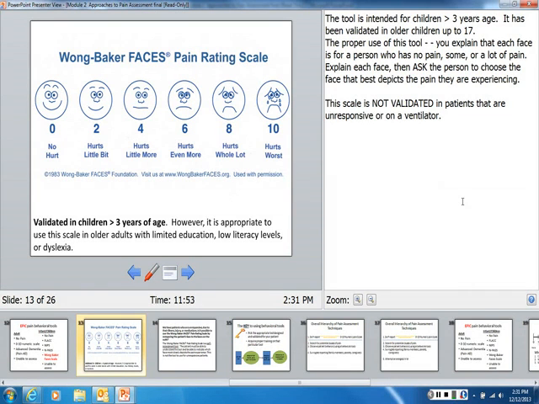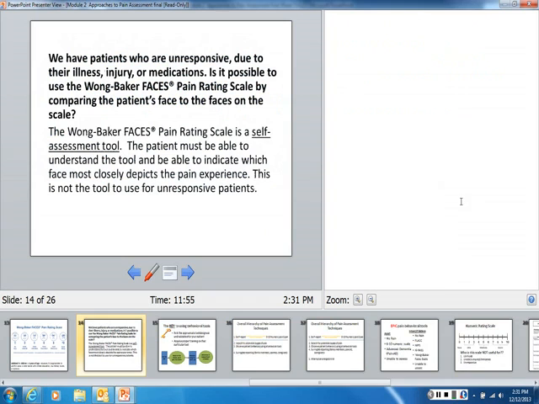And if you go to the website of the Wong-Baker FACES scale, there's this question that was posed. Patients that are unresponsive due to their illness, injury, or medications, is it possible to use the Wong-Baker FACES pain rating scale by comparing the patient's face to the faces on the scale?